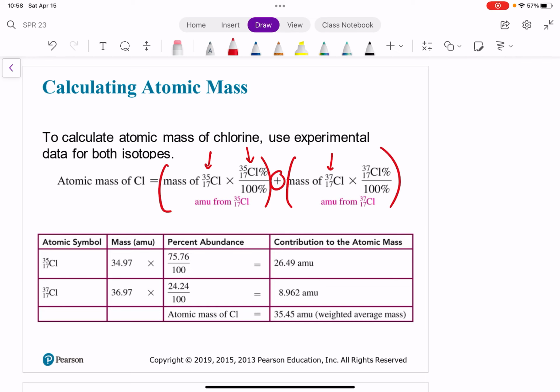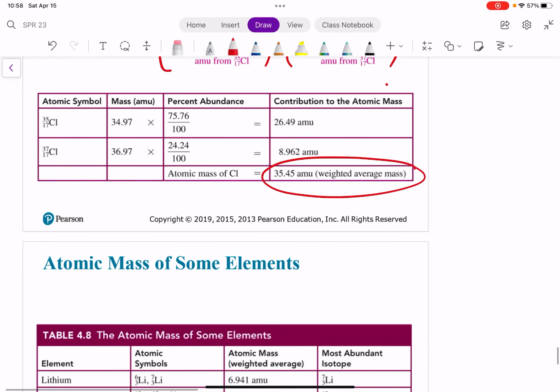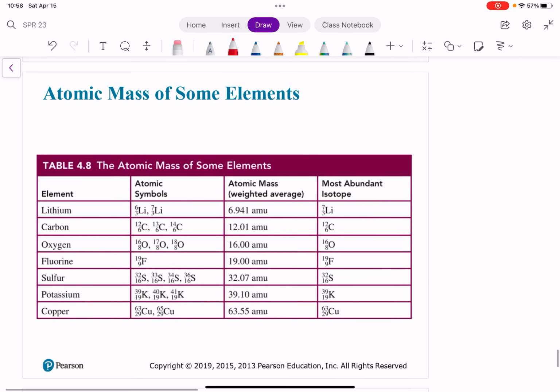And then you're going to get the contribution to the atomic mass. Once you actually add those numbers, you'll get the weighted average mass. Looks really complicated, but you get used to it.